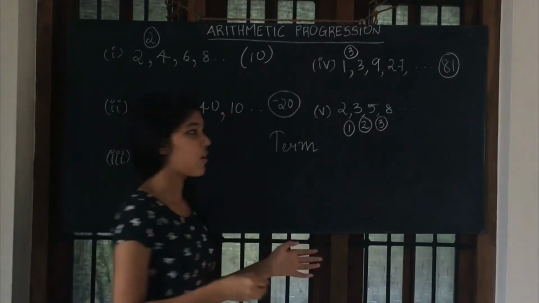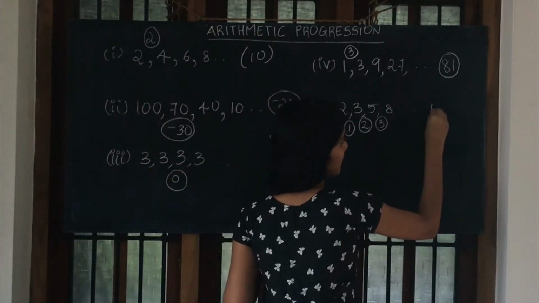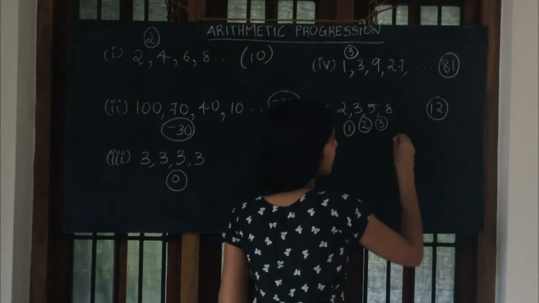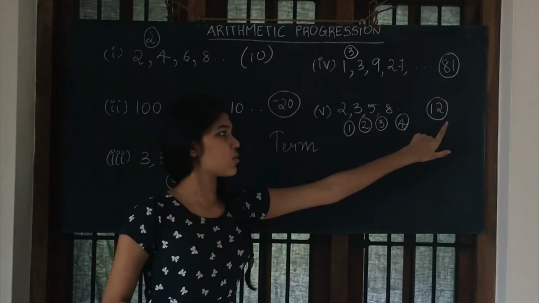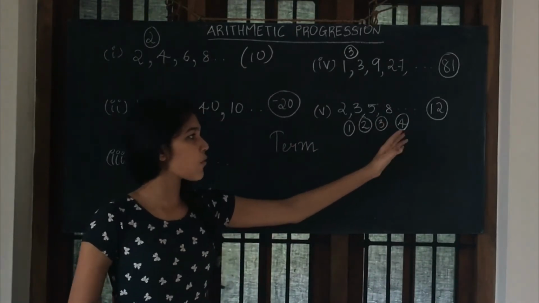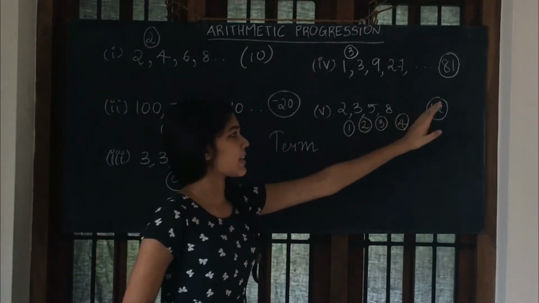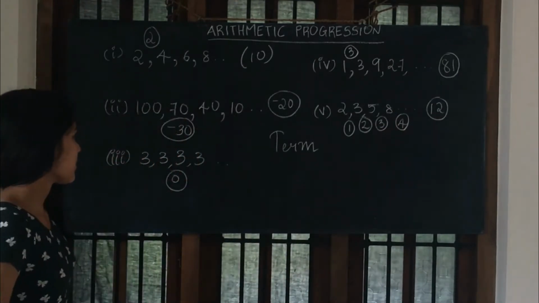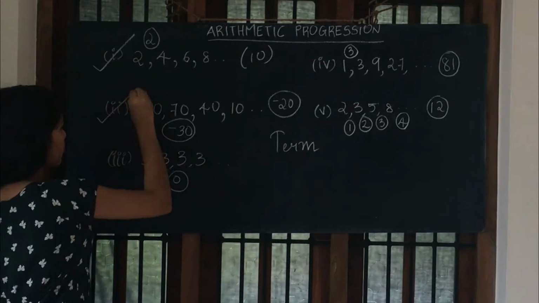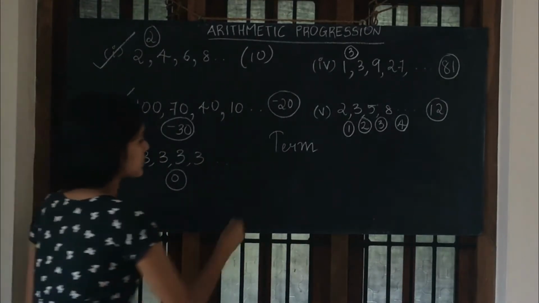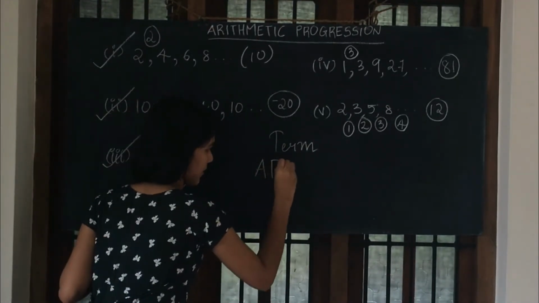If the series goes on, the next number in the series would be 12, which is 8 plus 4 equal to 12. That is, we have added 4 to the fourth term to get the next term. Here in these, series number 1, 2 and 3 form an arithmetic progression.